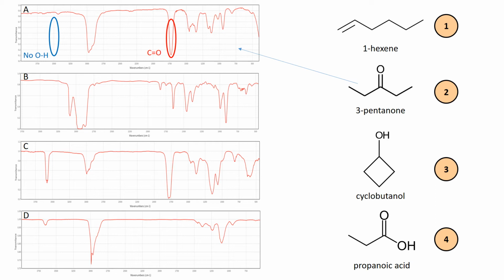Having a look then at spectrum B, and this is not the most exciting of spectra, but firstly we notice again that this does not have an alcohol group. So again that rules out cyclobutanol and propanoic acid.